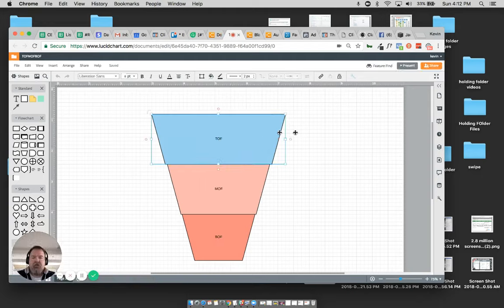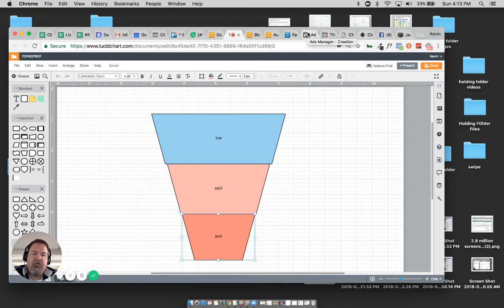These are ads that are just bringing people to you for the first time. Some of the ones they consider consideration, I consider awareness, like video views, and we'll talk about that in the strategy section. Ultimately, awareness is the top of funnel. Consideration is the middle of funnel, where they're consuming your content and making the decision whether or not they want to work with you. And then the bottom of funnel is conversion, where they're hopefully going to buy something from you.